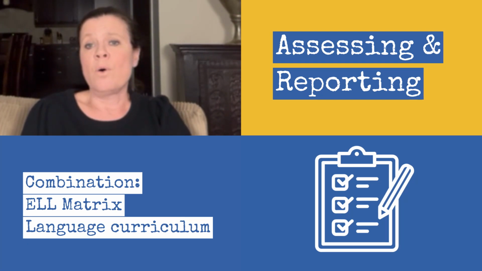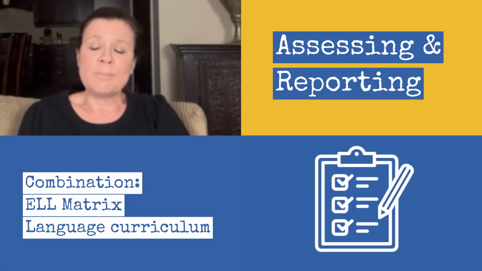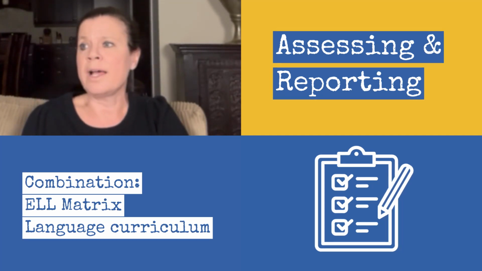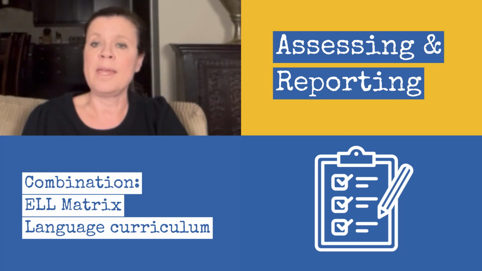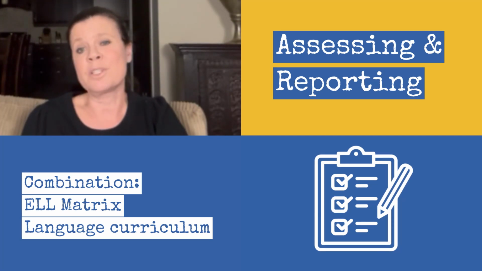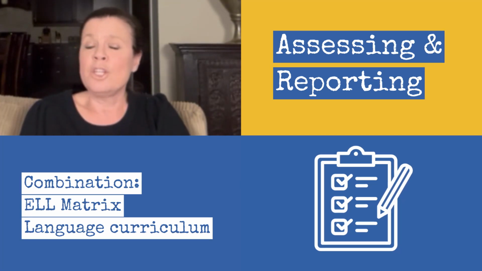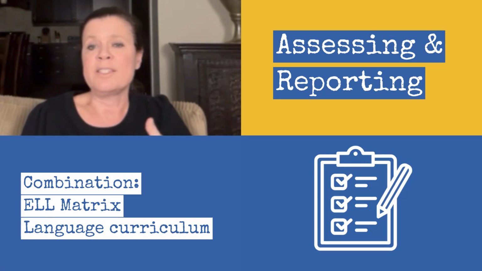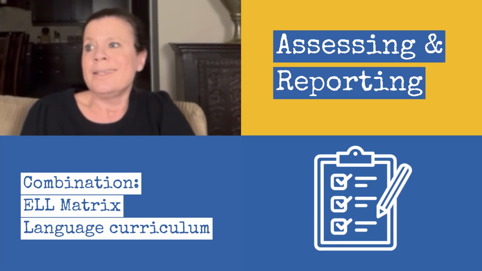So you can use the ELL matrix or the standards that you've been given to form a basis of a comment for things that your ELL students can do in terms of learning Tier 1 and Tier 2 academic vocabulary. Using those documents as a guideline is a good starting point.